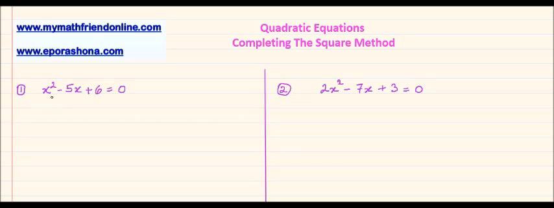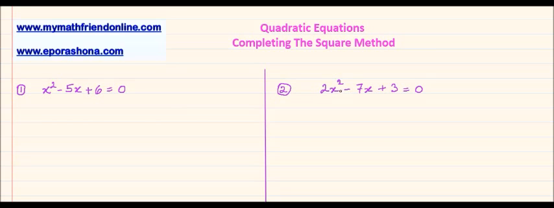This very first term should be a square term in order to fall under this section. And for the second case, we are having 2x squared as the first term, and this is not a perfect square because 2 is not a perfect square number.